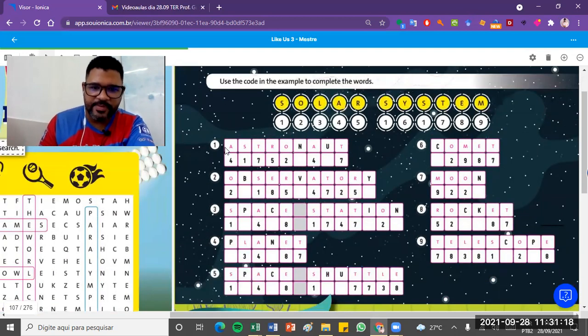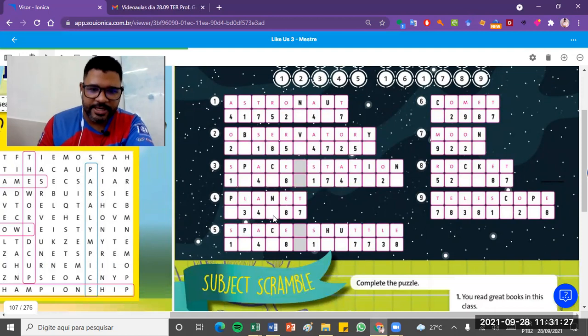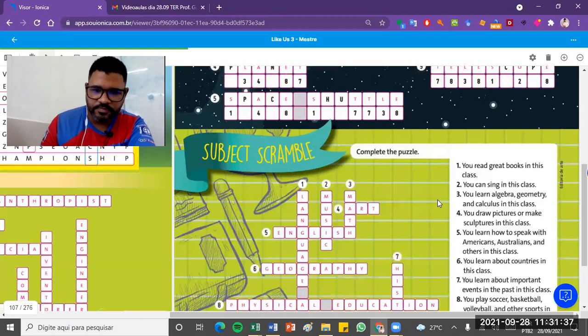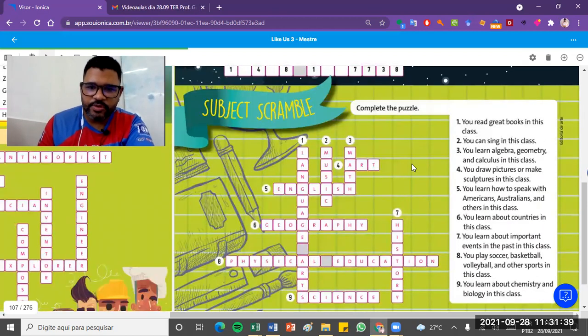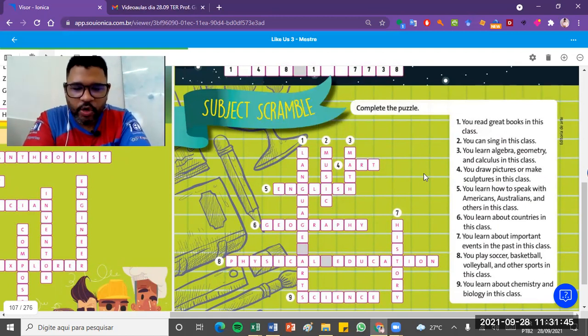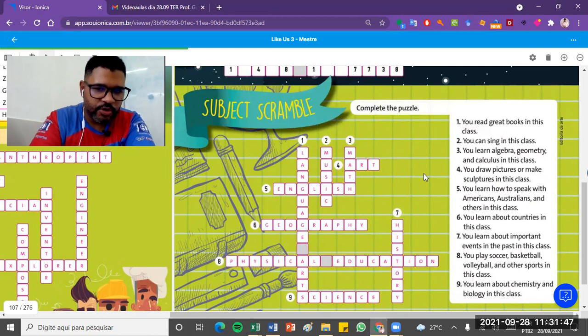Lembrando, o primeiro nós temos astronaut, 2, observatory, 3, space station, 4, planet, 5, space shuttle, 6, comet, 7, moon, 8, rocket, 9, telescope. E com a ajuda dessas informações aqui do lado, vocês iriam completar também as palavras cruzadas.